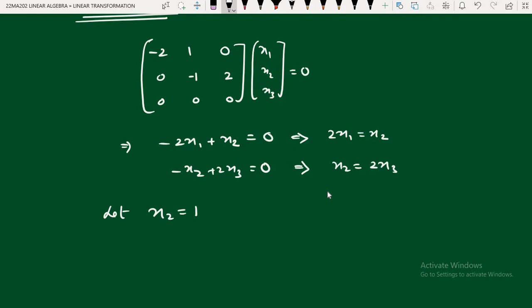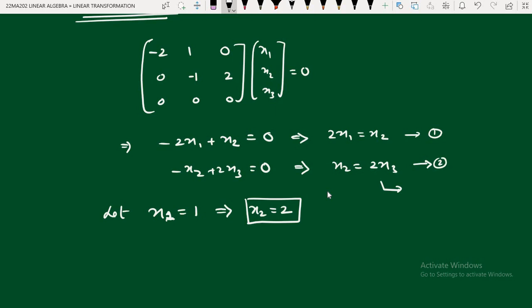To avoid that fraction, choose x1 equal to 1, and then we avoid the rational answer. So I will choose x1 equal to 1. This implies x2 equal to 2. x2 equal to 2 means we can get x3 equal to 1 from the second equation.